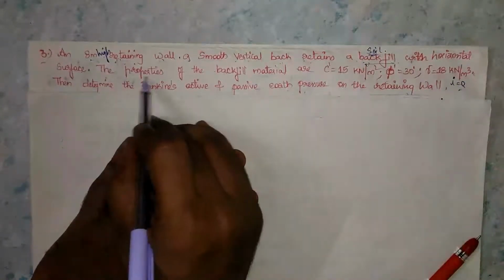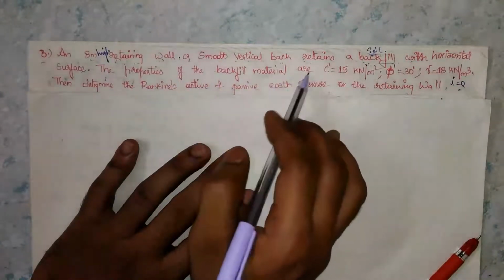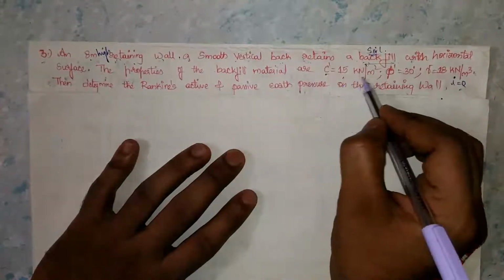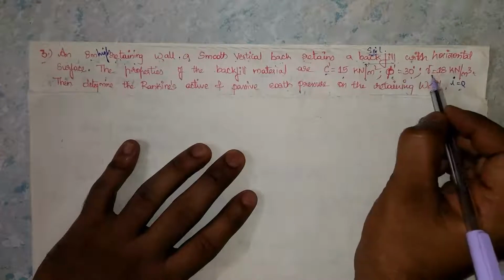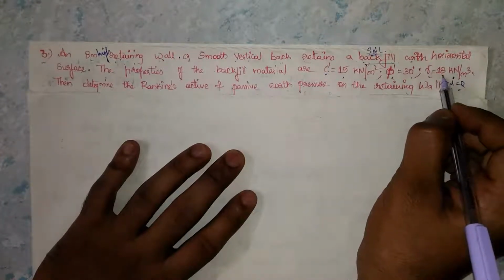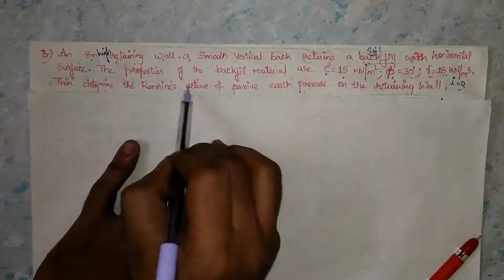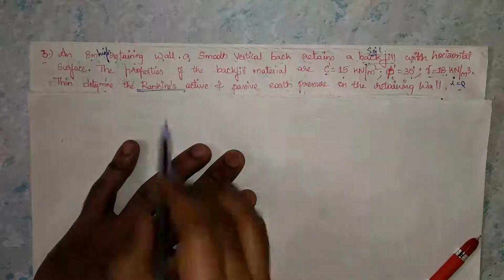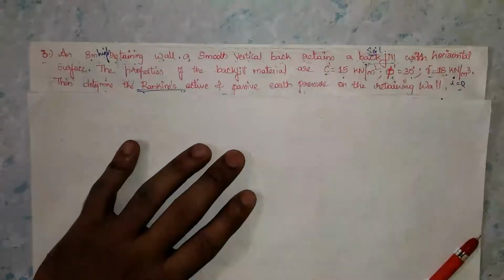The properties of the backfill material: cohesive force is 15 kilonewton per meter square, angle of internal friction is 30 degrees, unit weight of the soil is 18 kilonewton per meter cube. Then determine the Rankine's active and passive earth pressure on the retaining wall.